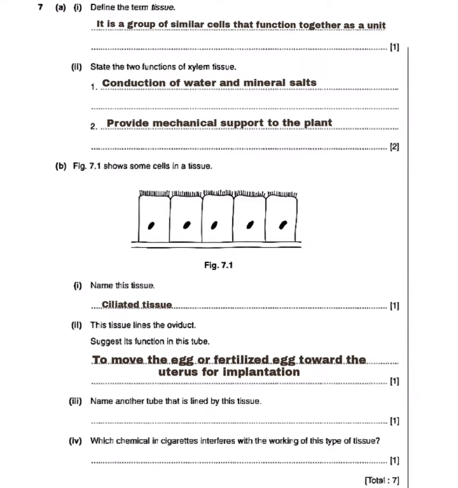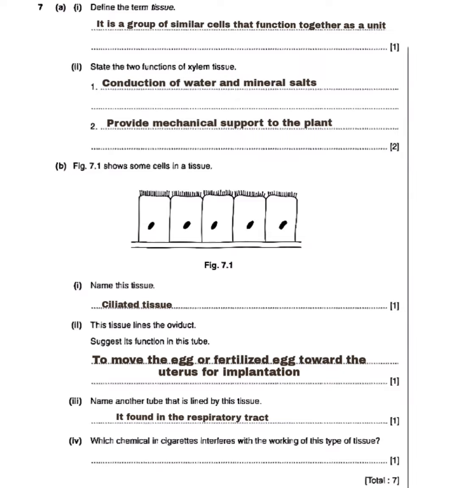So I'm going to say it is also found in the respiratory tract. Its function in the respiratory tract is to trap and sweep out dust particles containing what? Mucus.